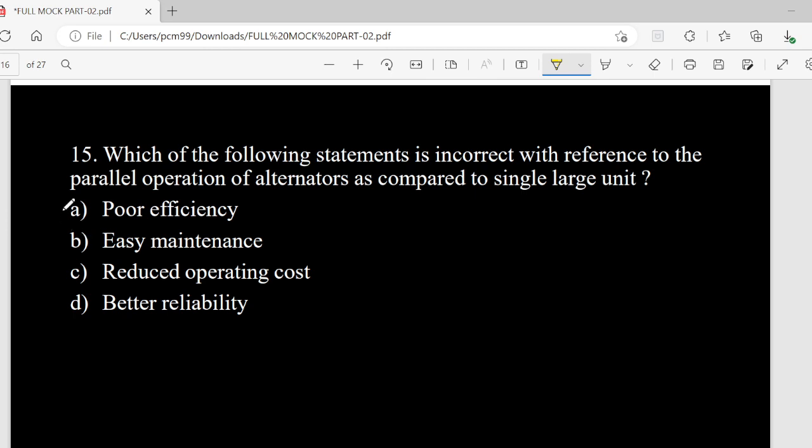The correct answer is option A poor efficiency. Poor efficiency is incorrect because in parallel operation the efficiency increases, it does not become poor.